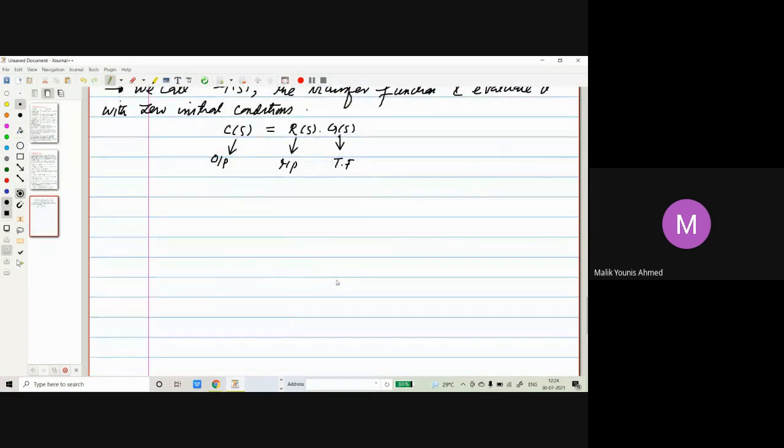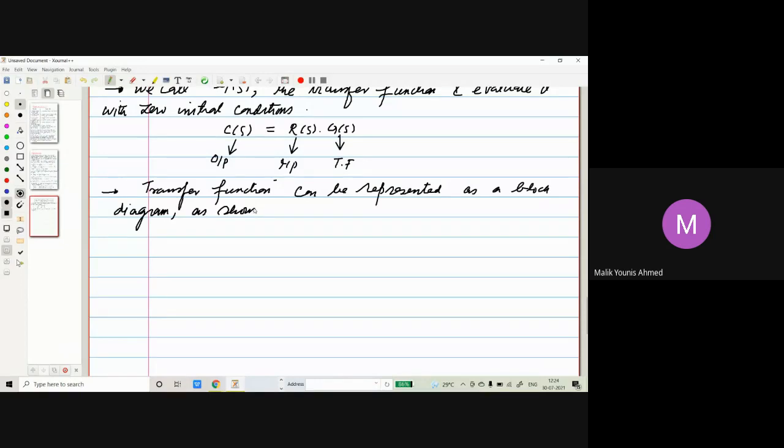We can represent this transfer function in a block diagram also. So let me draw the block diagram.